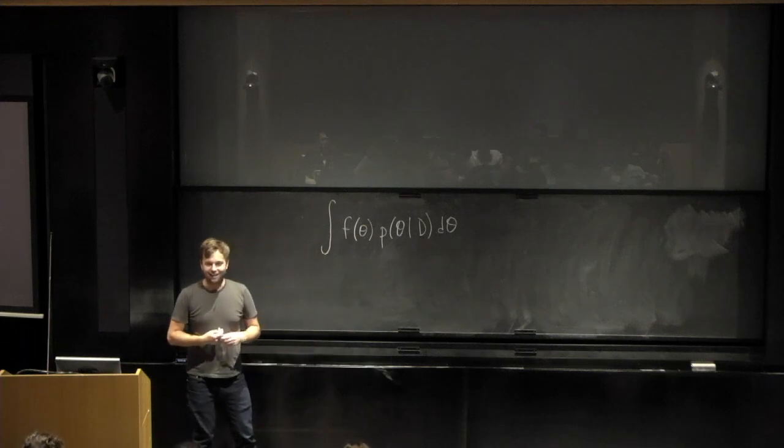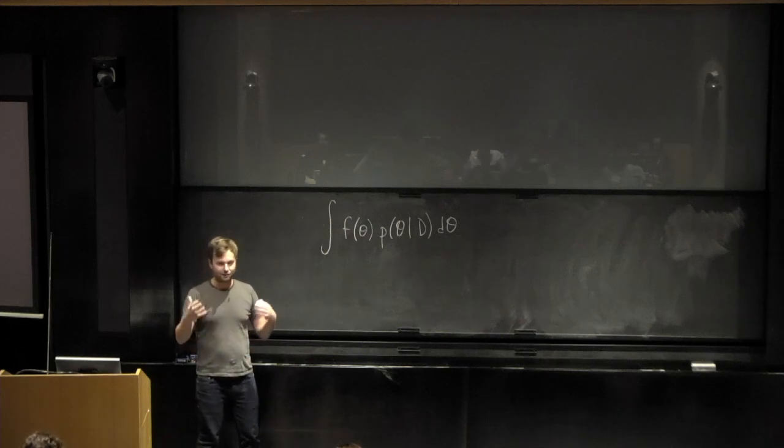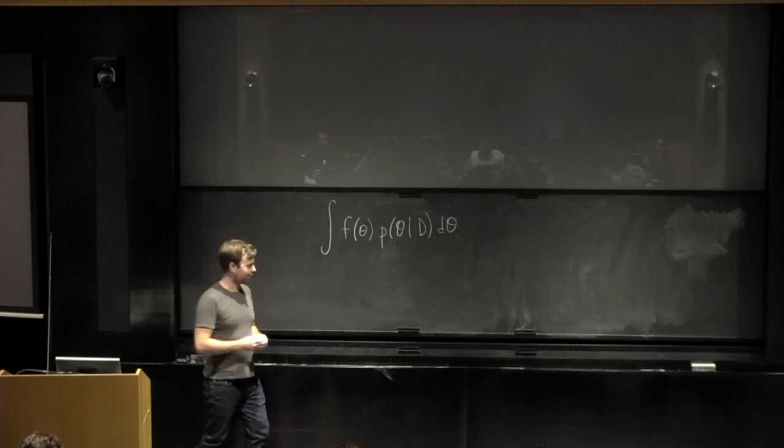So MCMC is a way of doing this integral. We say lots of other words, but at the end of the day, that's all it is. That's all it's about.